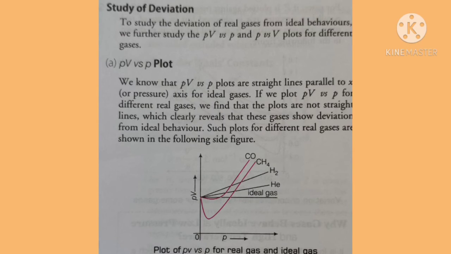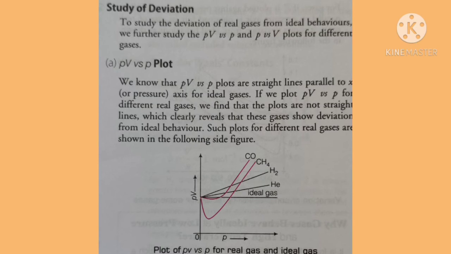And such plots for different real gases are shown in the following figure. You can see methane, then carbon monoxide, hydrogen, helium. So the gases which are ideal should be parallel to the pressure axis.